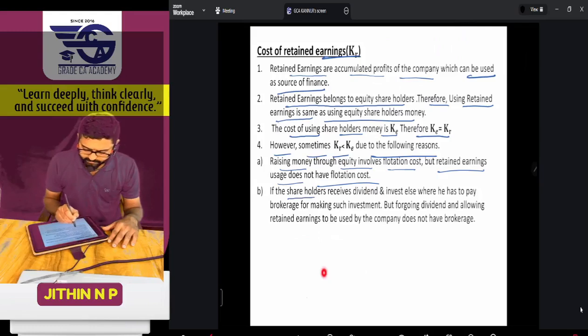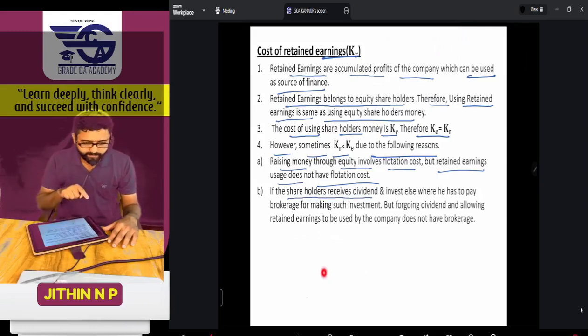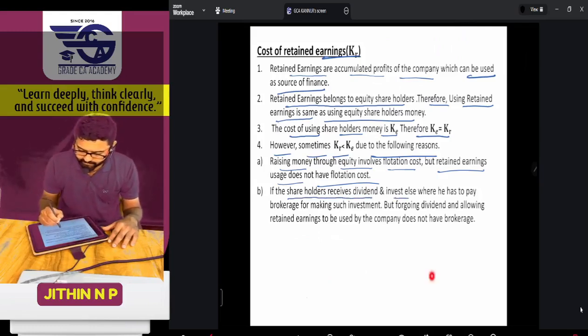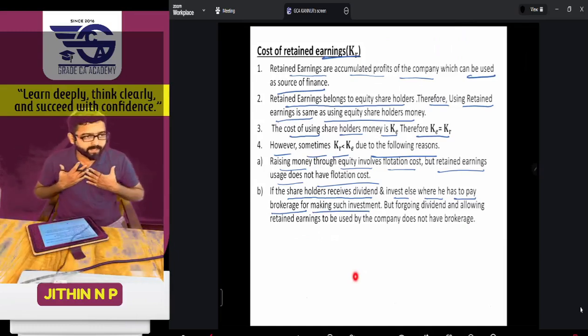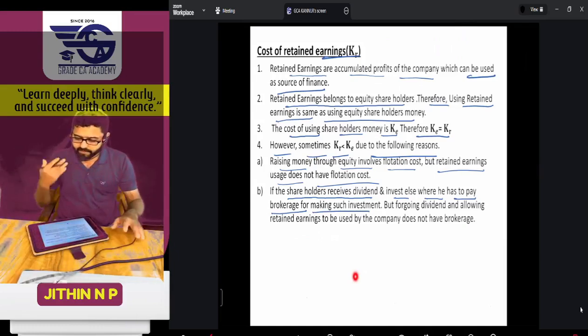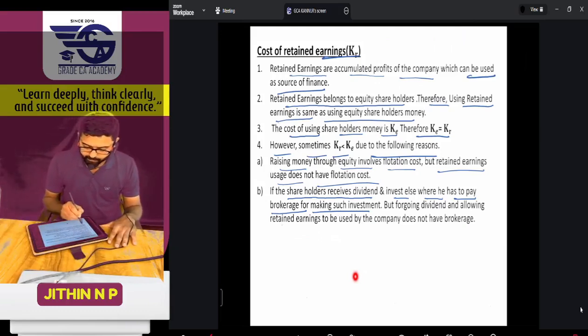If the shareholders receive dividend and invest elsewhere, some other place, they have to pay brokerage for making such investment.